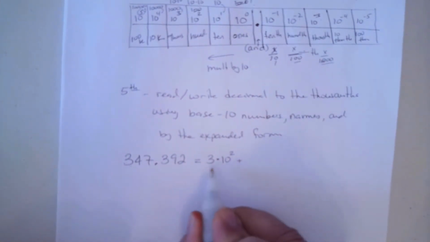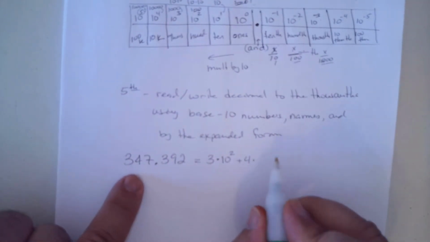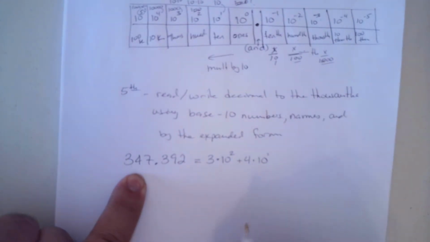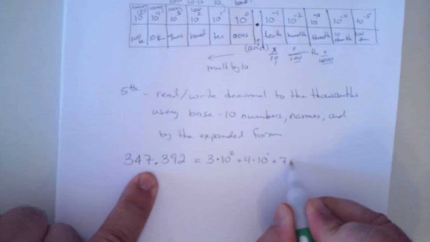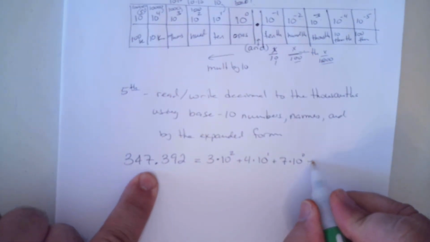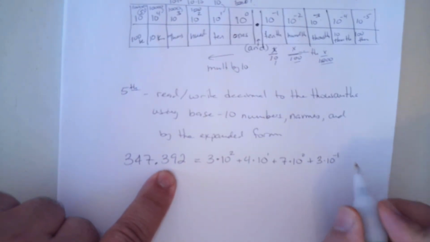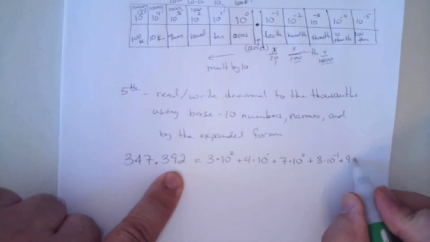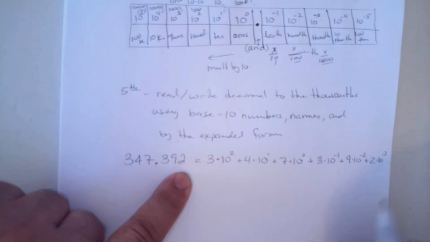And I'll show you what that means in a second. The next number is 4, since it's in 10 to the first. It's the next one, 7 times 10 to the 0, which is the ones. Plus, this was 3 times 10 to the -1, because it's one space to the right, plus 9 times 10 to the -2, plus 2 times 10 to the -3.